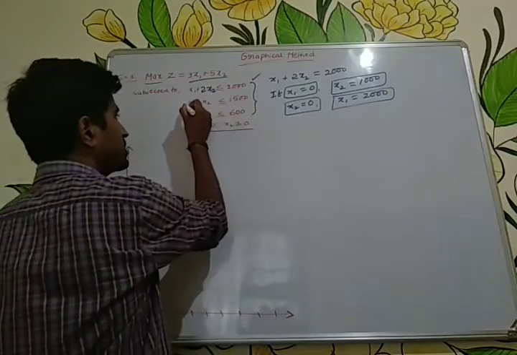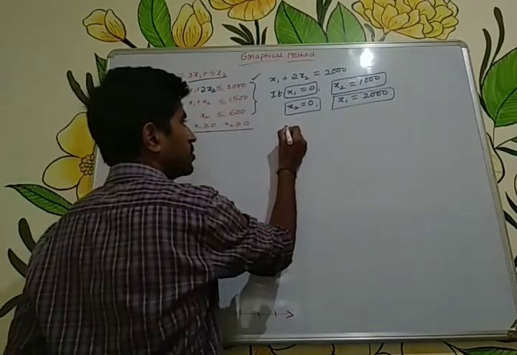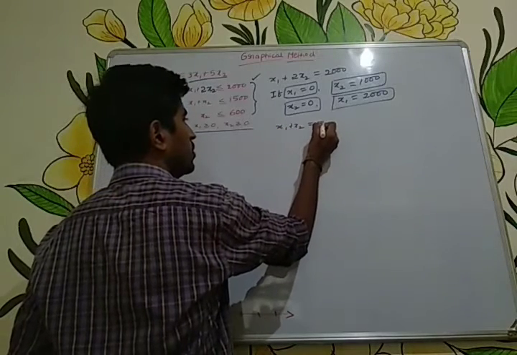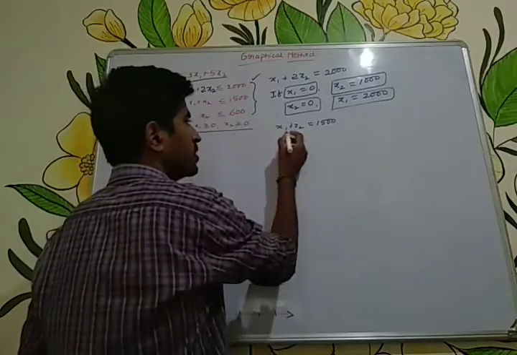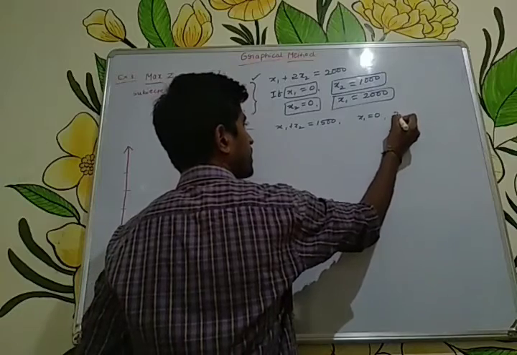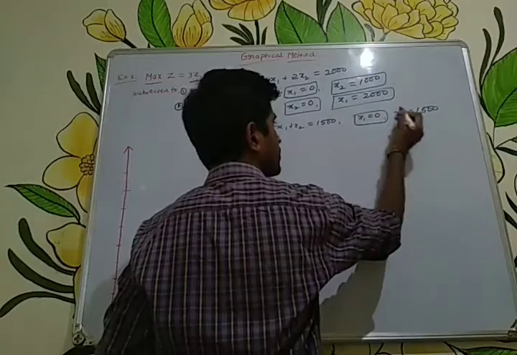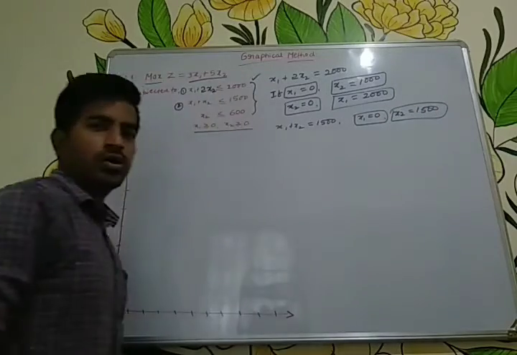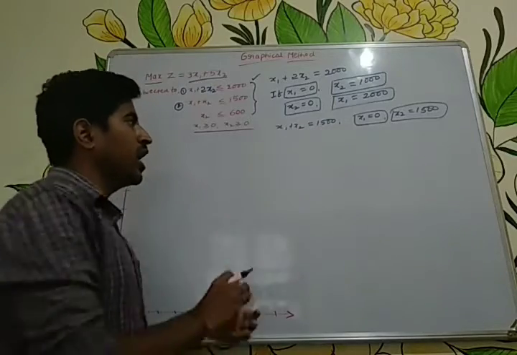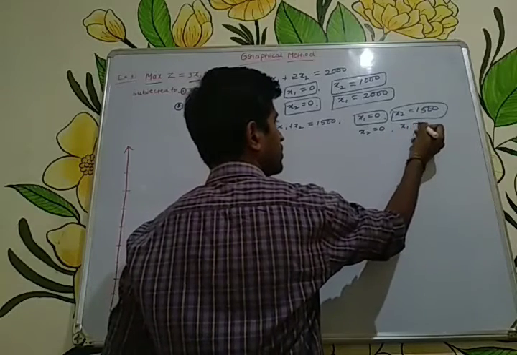Next, let us take the second equation. Let us write x1 plus x2 is equal to 1500. If I make x1 equal to 0, what would be x2? It is directly 1500. If x1 is equal to 0, x2 is 1500, and if x2 is equal to 0, x1 is equal to 1500.